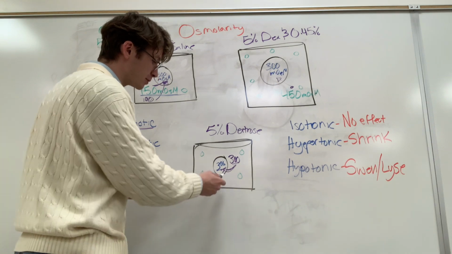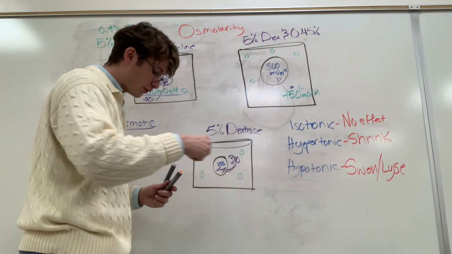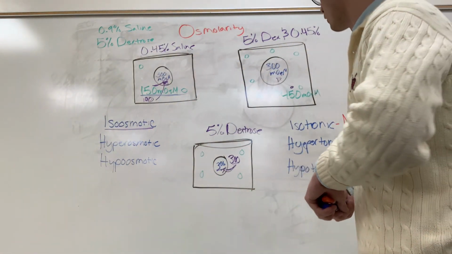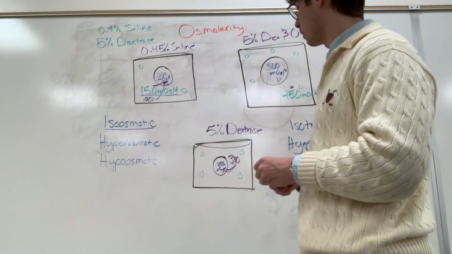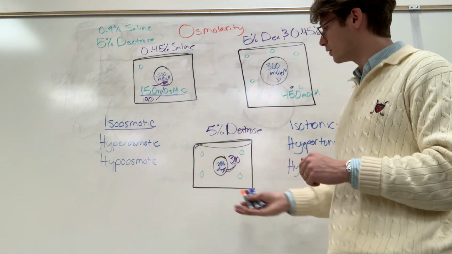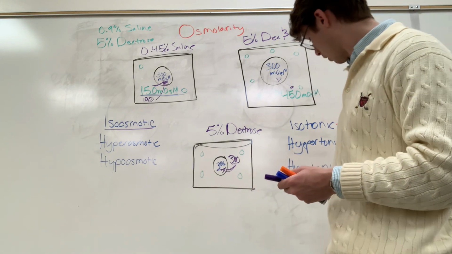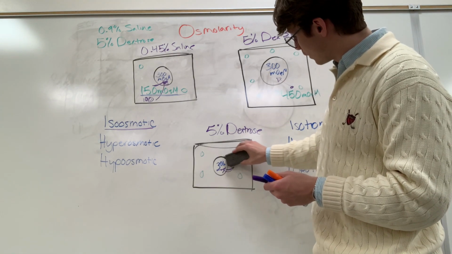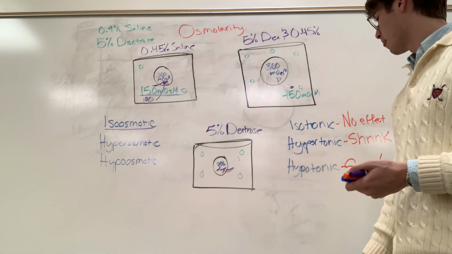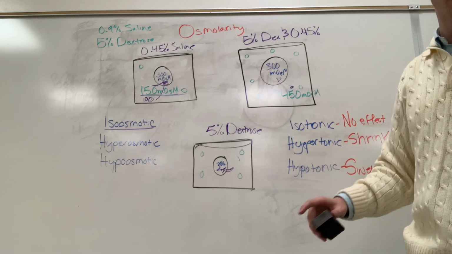But because it metabolizes, this dextrose is going to keep moving into the cell until it's completely gone. So even though we start off at isoosmotic, because water and this dextrose moved into the cell, now we have more on the inside than we do on the outside. So we started at isoosmotic, but we ended at a hypotonic solution.